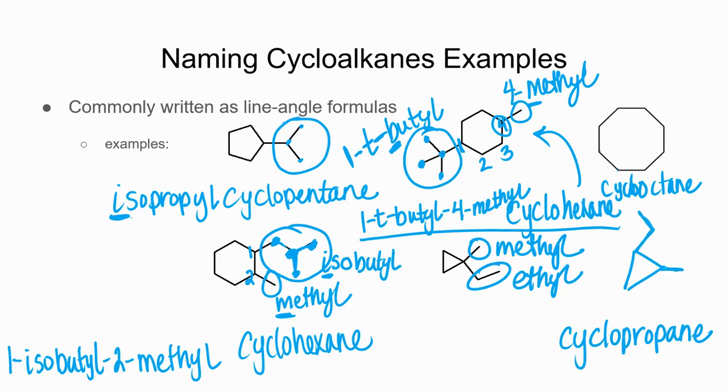What if ethyl were here and methyl were here? Those would be on the 1 and the 2. So let's go ahead and say 1, 1, but ethyl is going to come before methyl. So we're going to have 1 ethyl, 1 methyl cyclopropane.